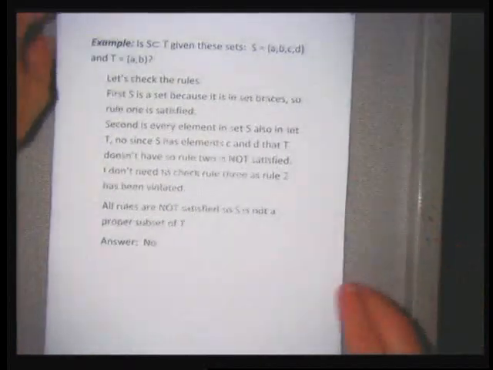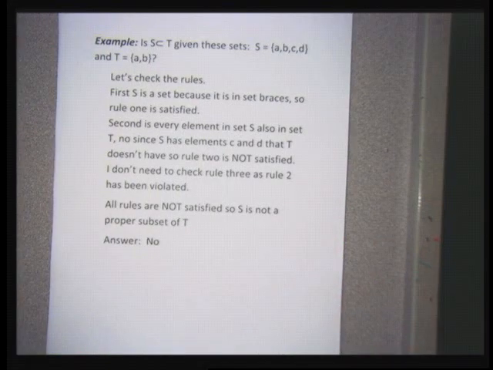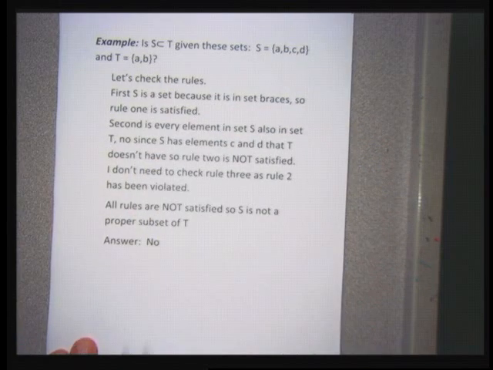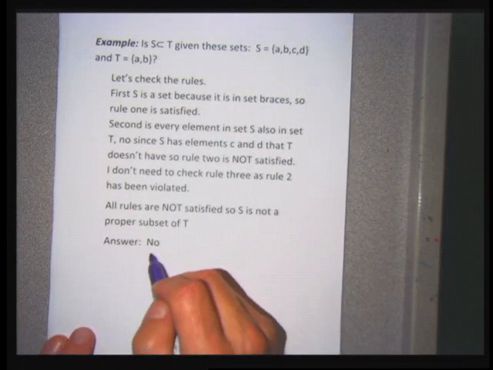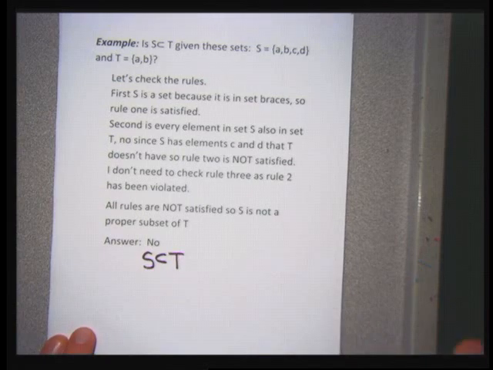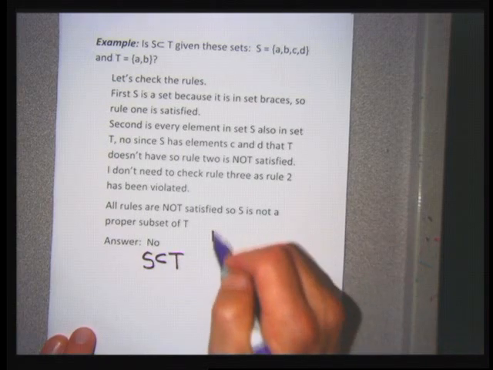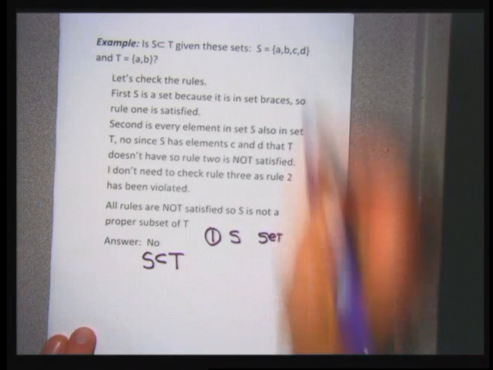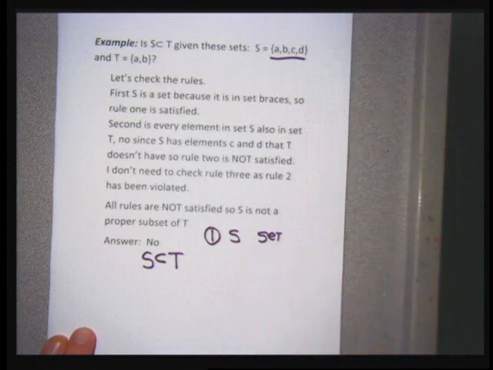Next example, is S a proper subset of T, where S is the set {A, B, C, D}, and T is the set {A, B}? So for S to be a proper subset of T, 3 rules have to be satisfied. The first rule, S has to be a set. And S is a set because it's in set braces.